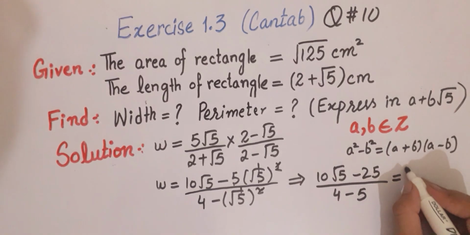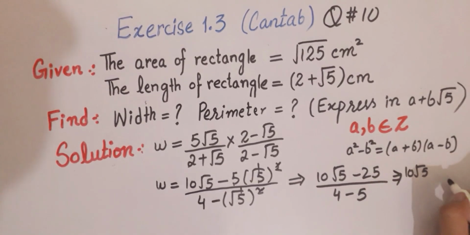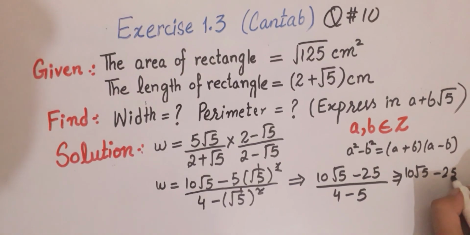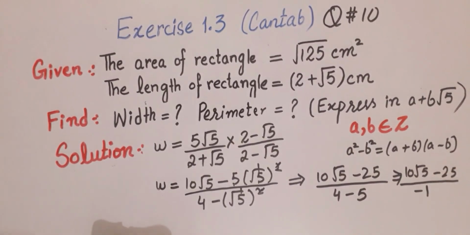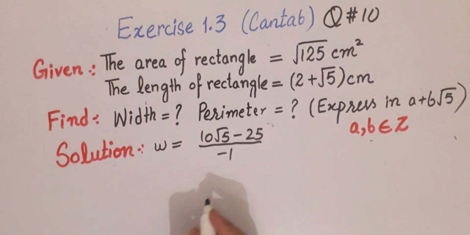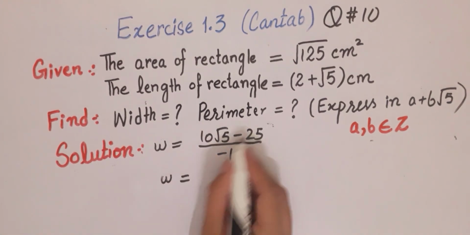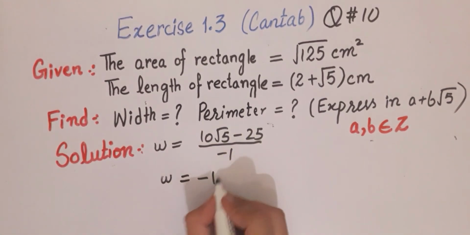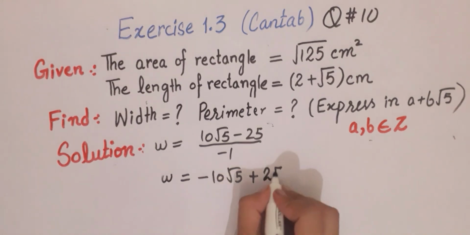So we have 10 square root of 5 minus 25 by minus 1. So value of w is equal to, this minus 1 will be multiplied by this, and we have 10 square root 5 plus 25.